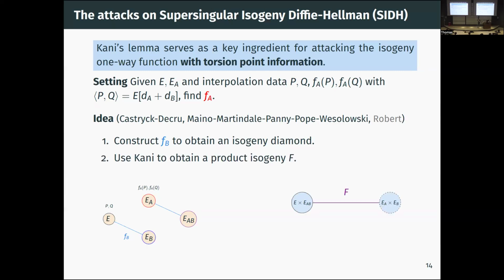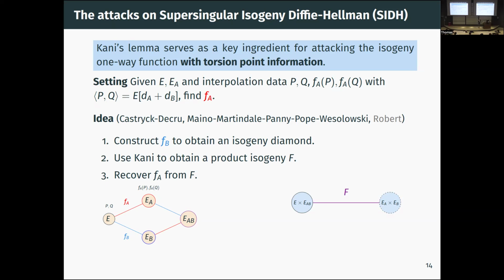Then we use Kani's lemma to obtain the product isogeny F, which now, because we have this interpolation data, F_A(P), F_A(Q), and we can also compute this interpolation data along the isogeny F_B, because this is the isogeny that we chose ourselves. So we can directly compute this product isogeny F. And then we can use this product isogeny F to actually evaluate the small isogeny F_A that we didn't know on arbitrary points. And this allows us to recover the isogeny F_A.